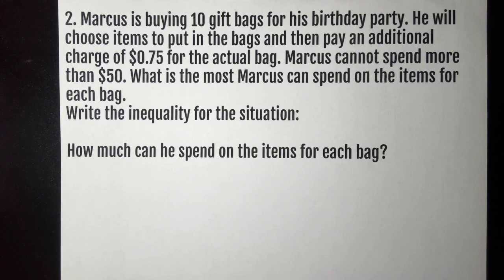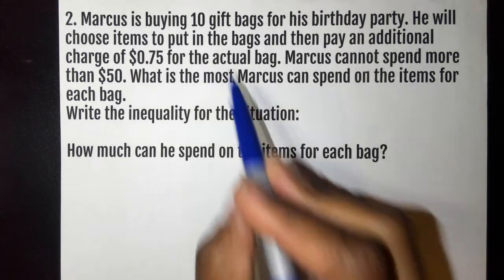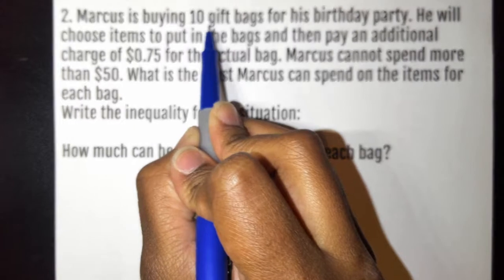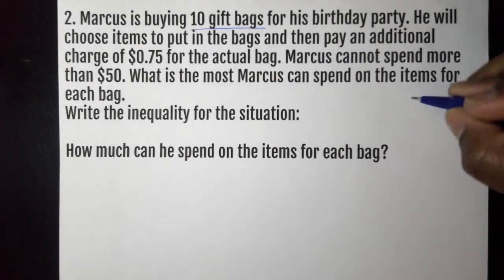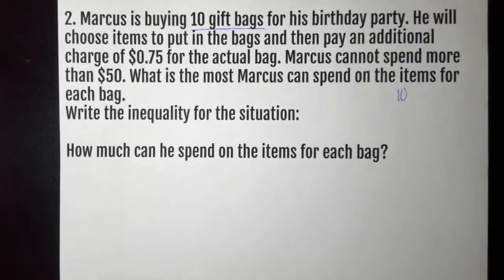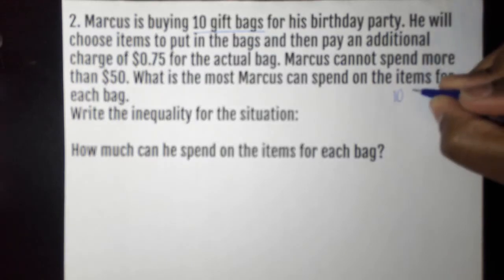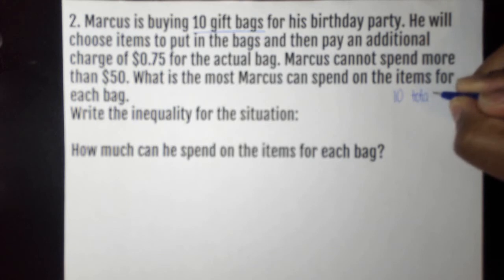So what do we know? We know, first and foremost, that he's going to buy 10 gift bags. So he's buying 10 bags total.